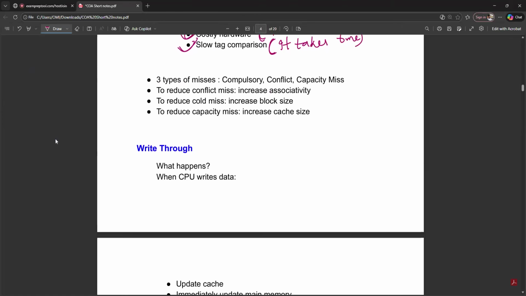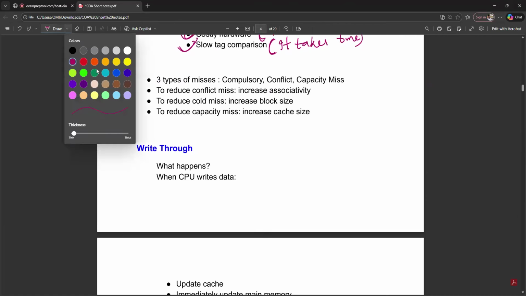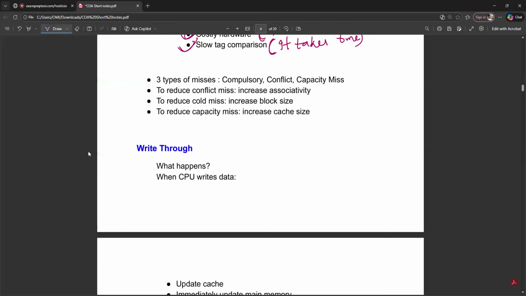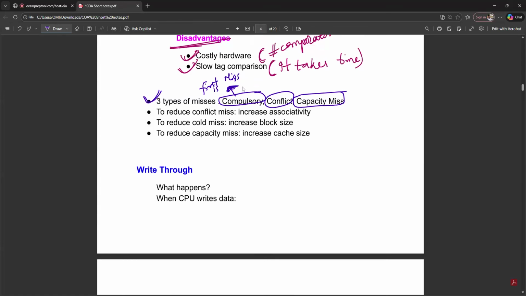Now moving to the next point. There are three different types of misses: compulsory misses, conflict misses, and capacity misses. Compulsory miss is the first miss; whenever the first miss happens, it is a compulsory miss.